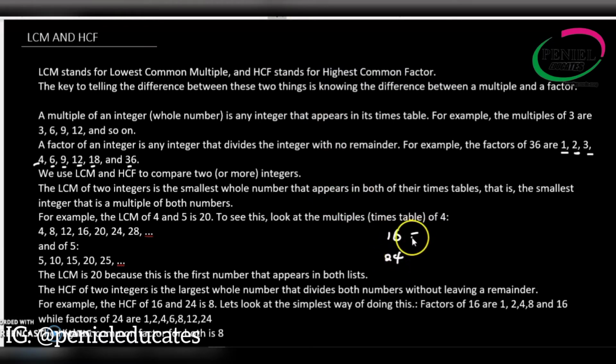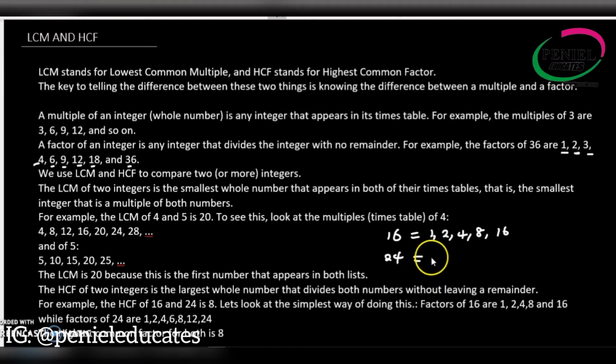We have to find the highest common factor. Now let us look at the factors of 16. Those are the numbers that can divide 16 without any remainder. So you can have 1, 2, 4, 8, then we have 16.